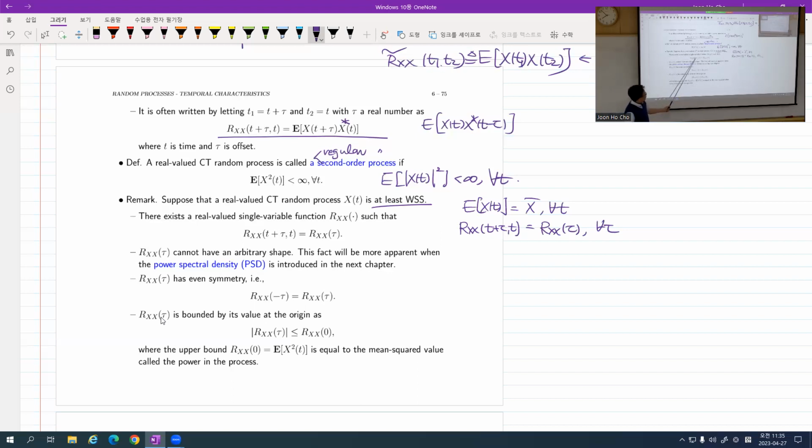So as I've shown here, at least wide-sense stationarity means that there exists a single variable function that is the same as this two variable function. Be careful. I also got very confused when I first saw this, because on the left-hand side you have a two-dimensional function r sub xx, right? According to our standard notation, to specify the domain and range of a function, it is R squared into, if this is a complex valued function, C, right?